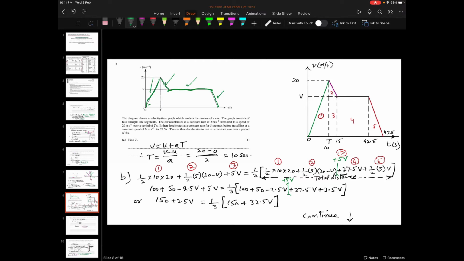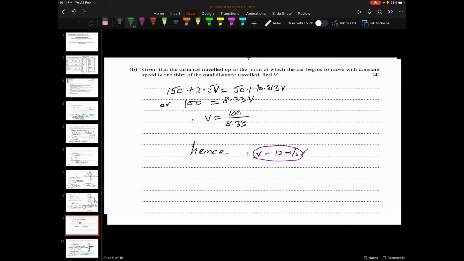And after simplification, we have 150 plus 2.5v is equal to 1/3 of (150 plus 32.5v), or 150 plus 2.5v is equal to 50 plus 10.83v, or 100 is equal to 8.33v.